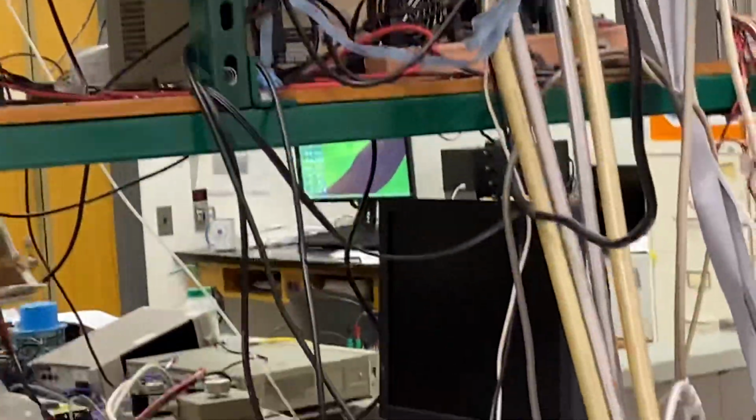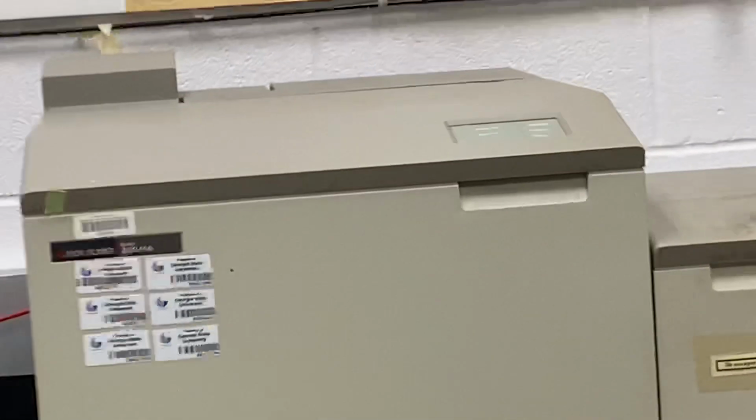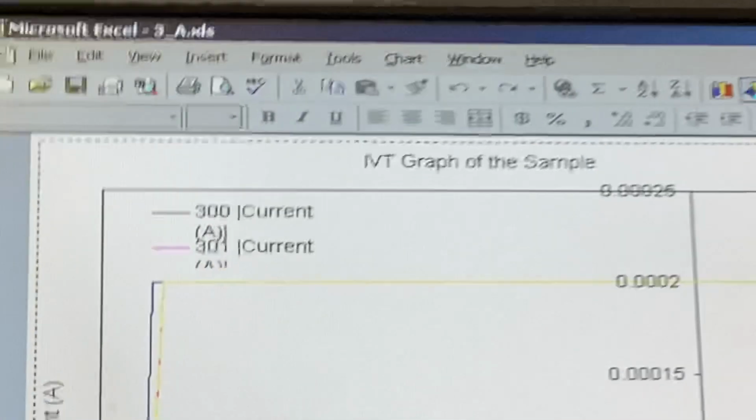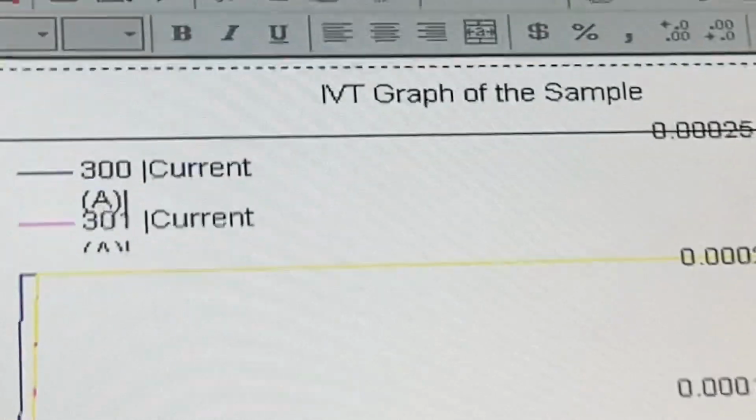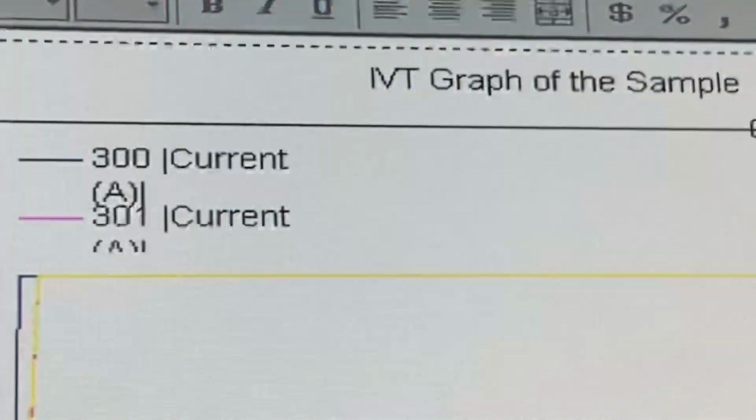We generally try to understand optical properties and electrical properties. Optical means spectroscopy, infrared spectra. Electrical means we do the IVT characterization, current, voltage, and temperature characterizations.